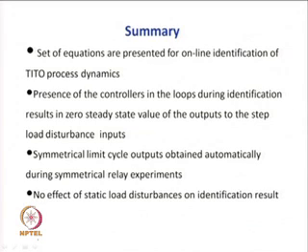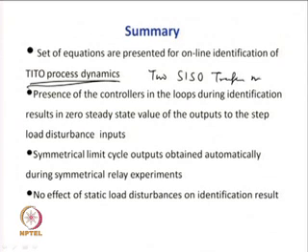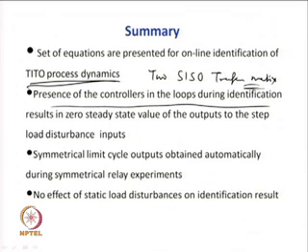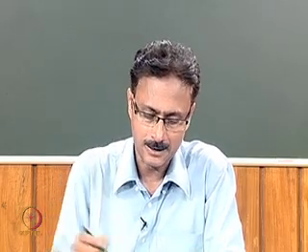So, what we have studied here is a set of analytical expressions for online identification of the TITO process dynamics; two SISO transfer function models, or a transfer matrix, are obtained. The presence of the controllers in the loops ensures that static load disturbances do not affect the system outputs or the sustained limit cycle oscillatory outputs.